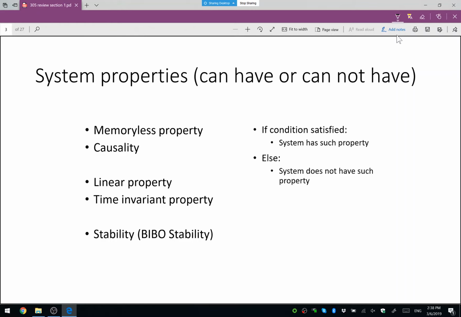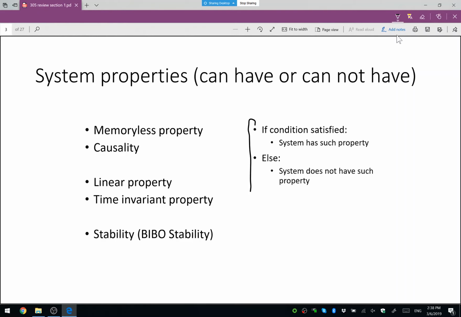When we want to prove a system has the property, there are conditions linked to each property, like conditions for memoryless or for linearity. So what we usually do is we say if the system satisfies the condition, then the system has the property.